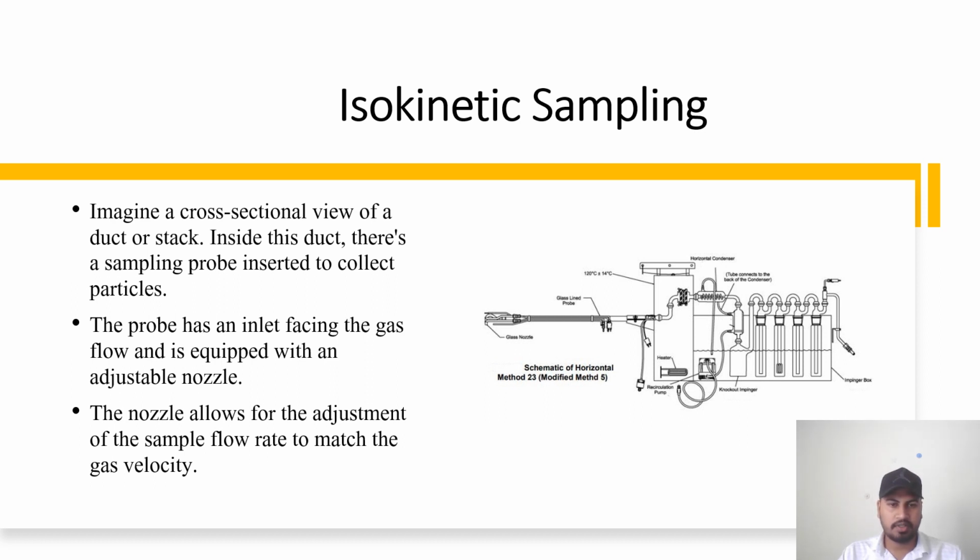The probe has an inlet facing the gas flow, so that it will be facing towards the direction of the flow of the gas, and the nozzle will allow the adjustment of the sample flow rate to the gas velocity.